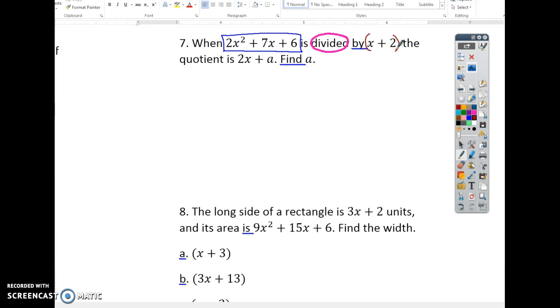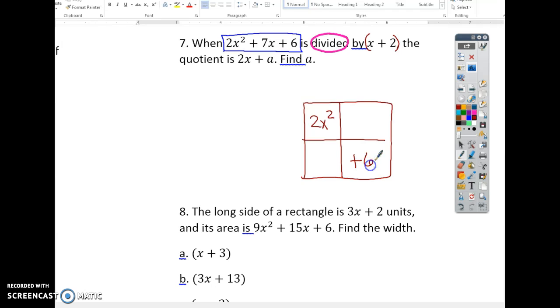So it's like doing the box. It's like doing the box with 2x squared in the middle, positive 6. And on the outside, one of my factors is x plus 2. And then on the other side, they also gave you another factor.